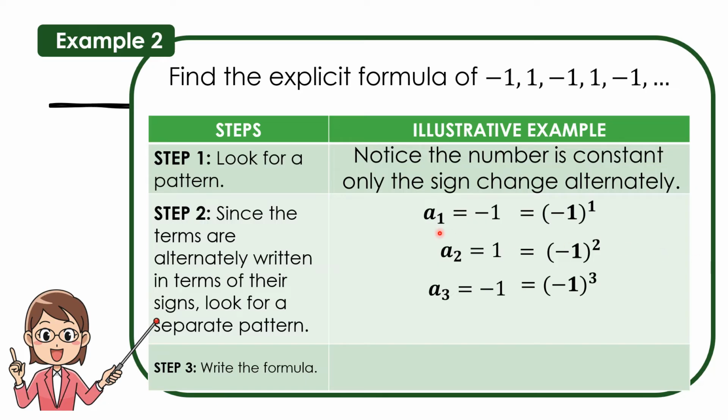For our first term, we have negative 1. And negative 1 is also equal to negative 1 raised to 1, since negative 1 raised to 1 is also equal to negative 1.